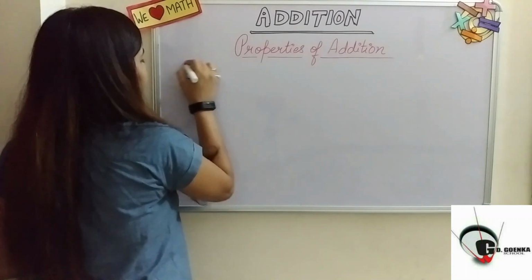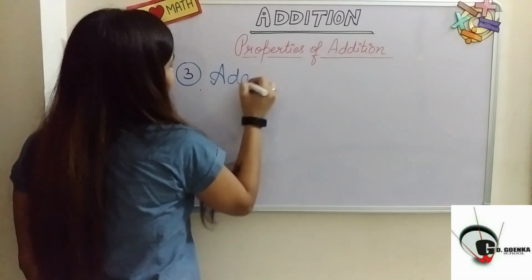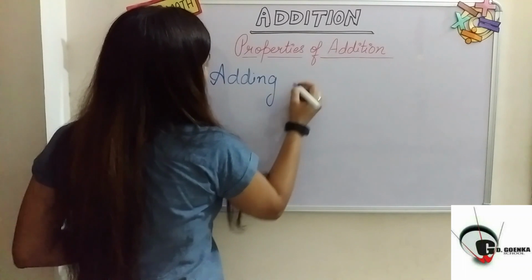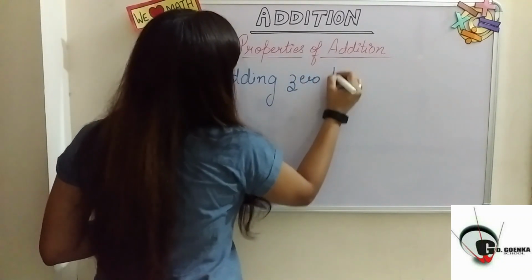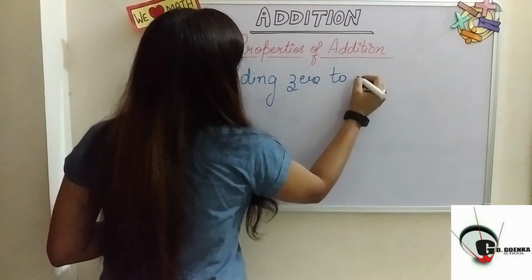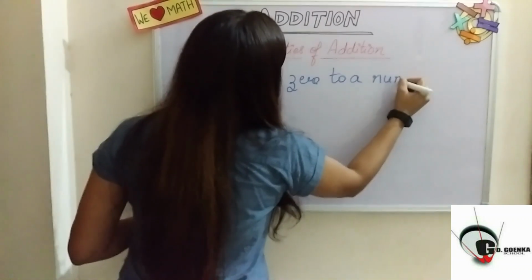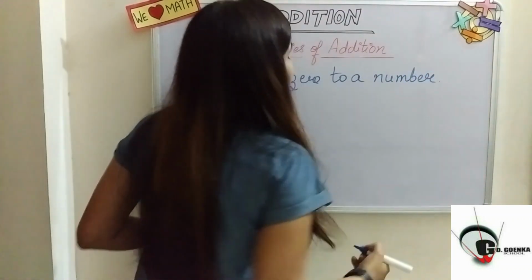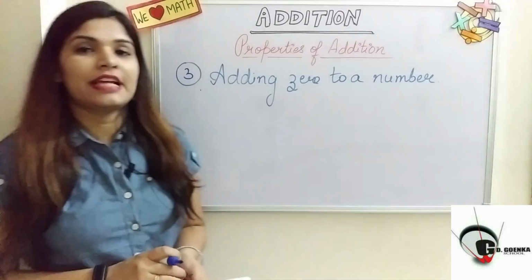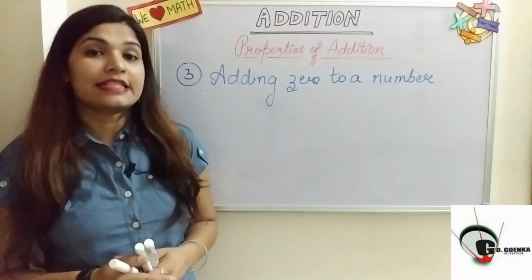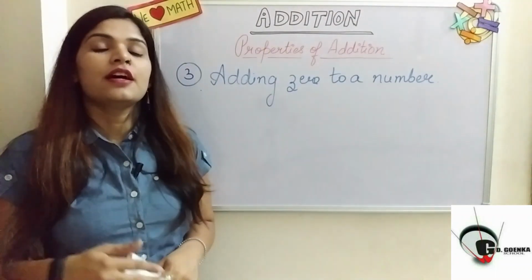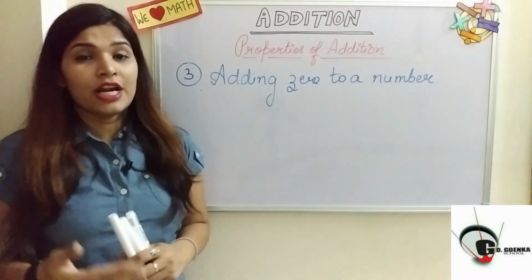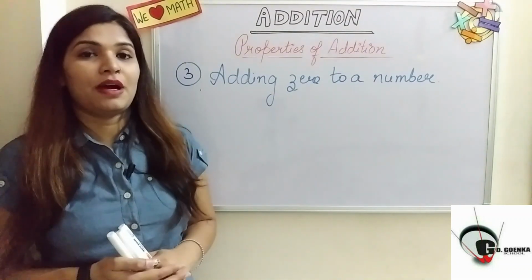So the third property is adding 0 to a number. This property shows that if we add 0 to any number, whether it is a small number or a large number, we will get the same answer.